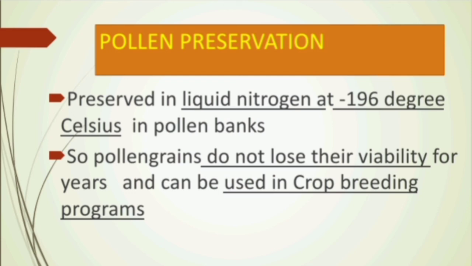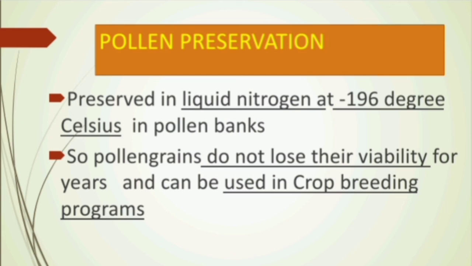So in pollen preservation we have to collect the pollen grains of the plant of interest, and we have to subject those pollen grains to several tests, and at last subject them to minus 196 degrees Celsius, followed by storing them in liquid nitrogen, and then they are safely set inside the container.